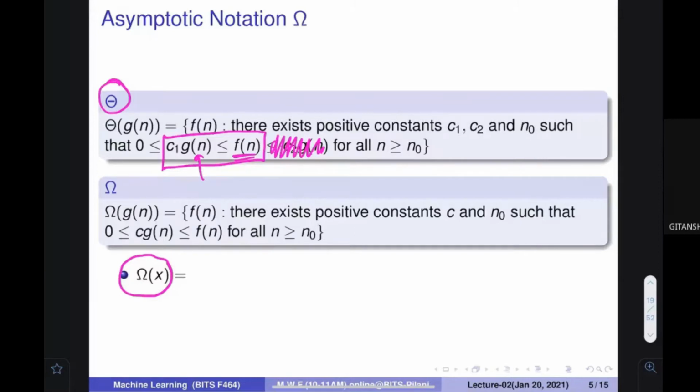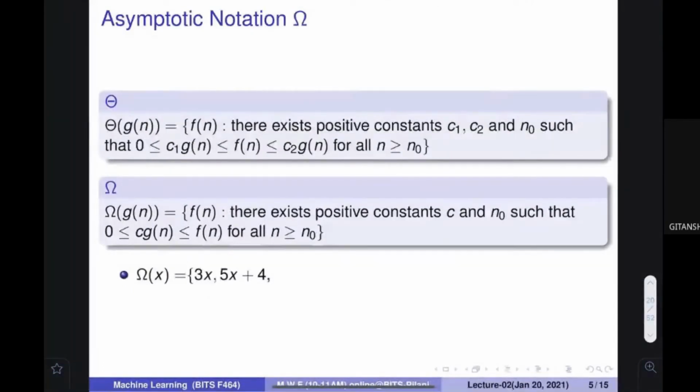So this is the definition: if c times gn is less than or equal to fn, then those kinds of functions are there. So what kind of function can I put into x? Those functions that are lesser should be there. So the power of x would be something greater than 1. However, because the equality is also there, a similar function could also come. 3x can also come, 5x plus 4 can also come, because of equality.